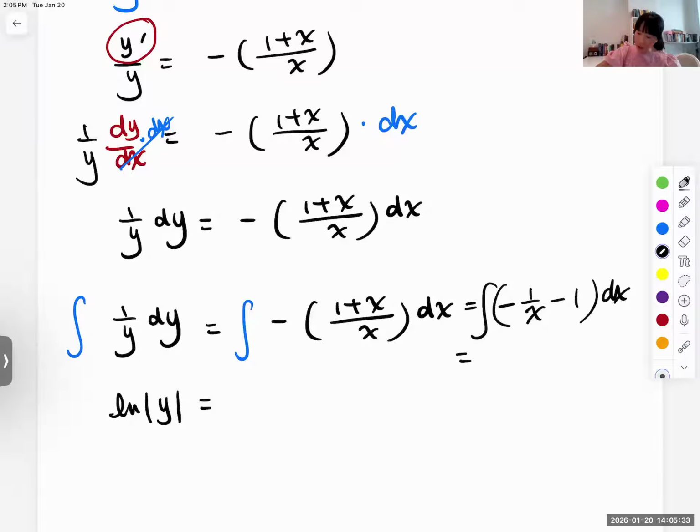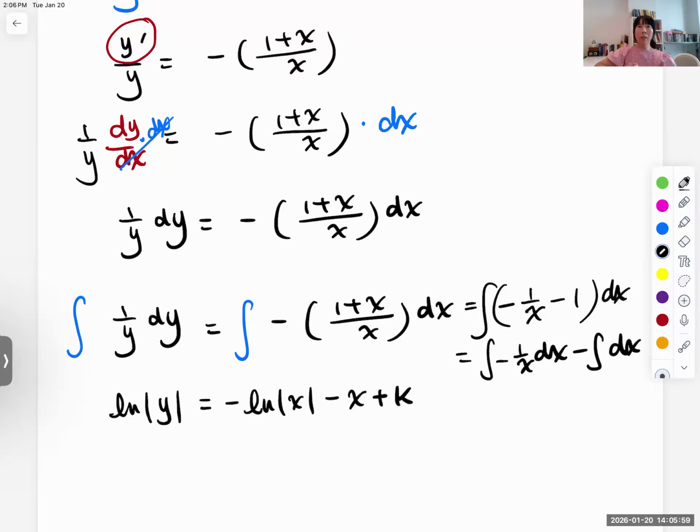Now we can integrate term by term, minus 1 dx. So the first term we have is negative natural log of x, and minus x, yeah? And plus c, plus k, make sense?